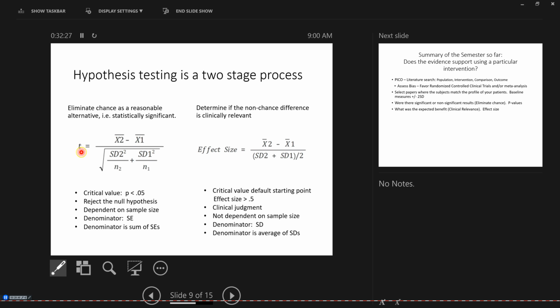And so the t is in standard error units, these hypothetical standard error units, and effect size is in terms of the actual standard deviation, the average standard deviation for your two groups. Does anybody have any questions about this?